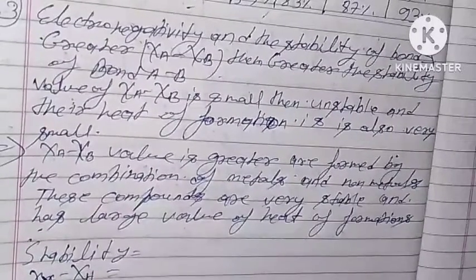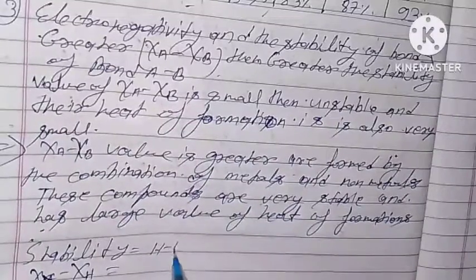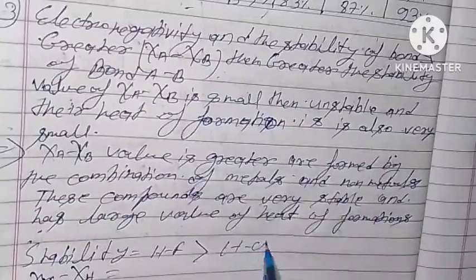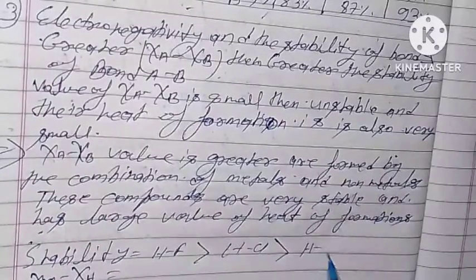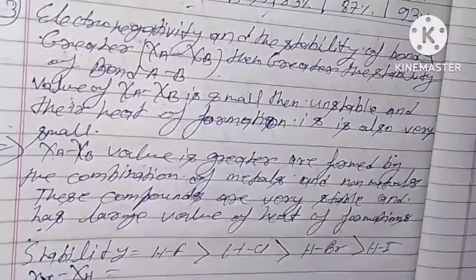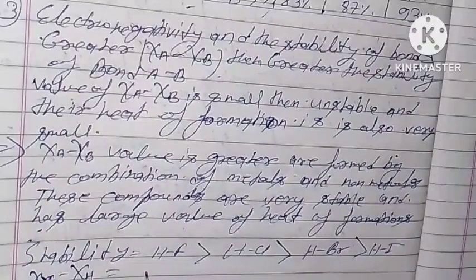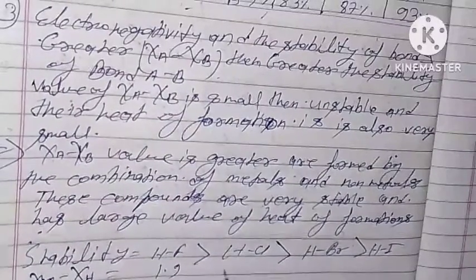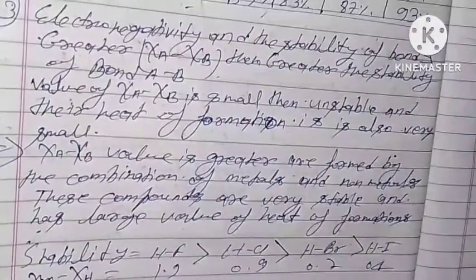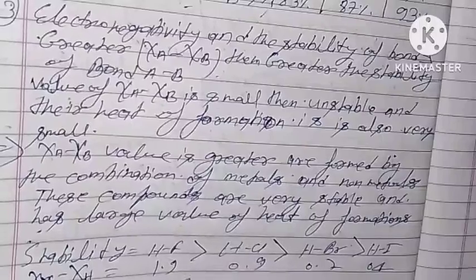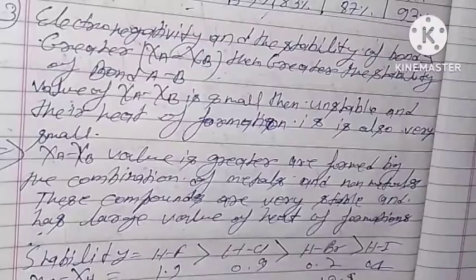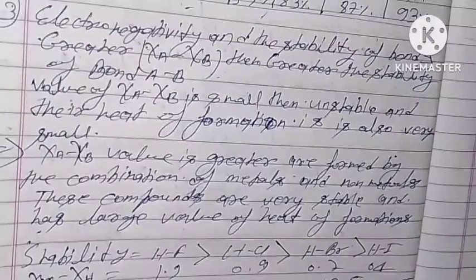The values for the HF bond: the HF bond is greater than the HCl bond, which is greater than the HBr bond, which is greater than the hydrogen iodide bond. The chi X minus chi H values are 1.9, 0.9, 0.7, 0.4, and the heats of formation are minus 64.5, minus 22.0, minus 12.5, minus 1.5.